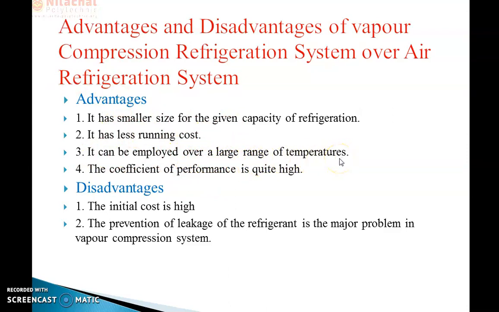As I just told you, if you take ammonia as a refrigerant, the freezing point temperature is minus 77.73 degrees Celsius, which means we can maintain a large range, that is, we can maintain a refrigerator temperature of minus 60 degrees Celsius, which is a very large range of temperature.